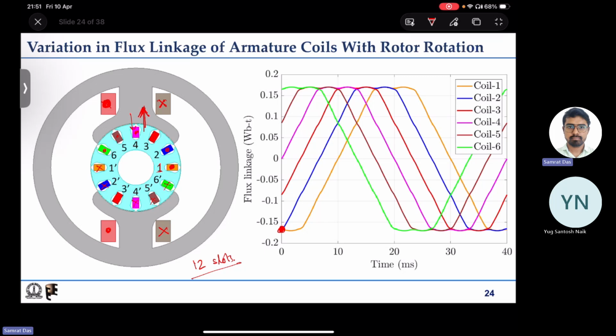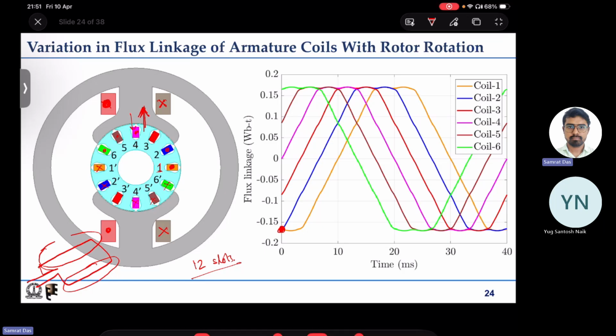Single layer winding means a coil has two sides, one occupying one slot and the other occupying another slot. One side and its dashed counterpart occupy diametrically opposite slots.